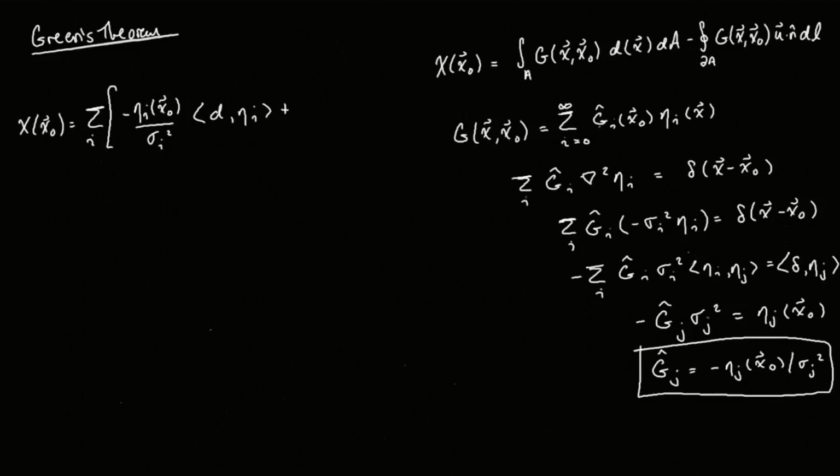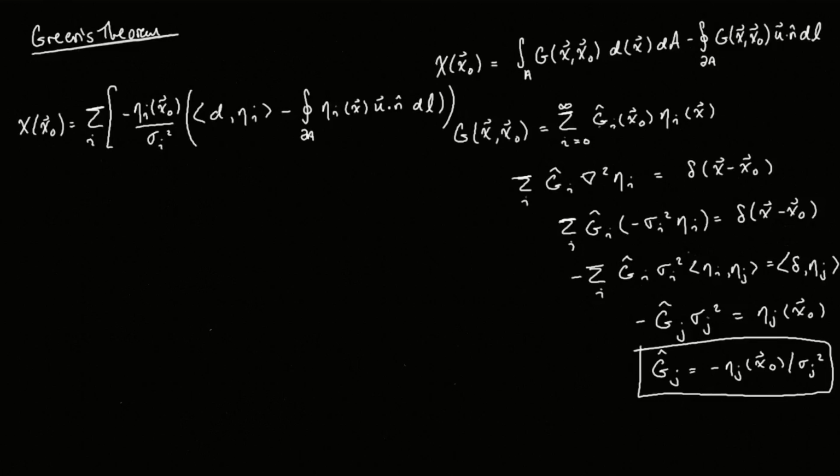In fact, what I'm going to do is go ahead and pull these coefficients out front. So we get a minus, and we're just left with a boundary integral of eta i of x, u dot n hat dl. Okay.